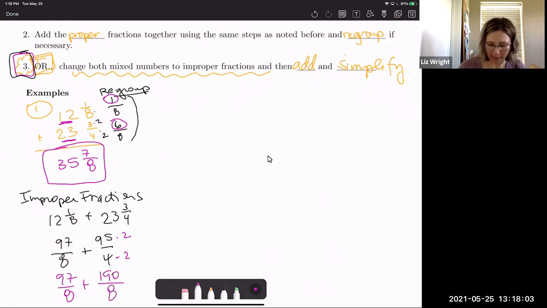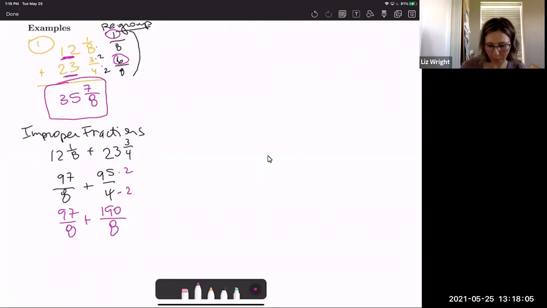And then you're adding those two together, and I have the answer written here, we end up getting 287 all over 8. Then again, that's what our improper fraction would be, but then we would rewrite it as our mixed number, which would be 35 7/8.